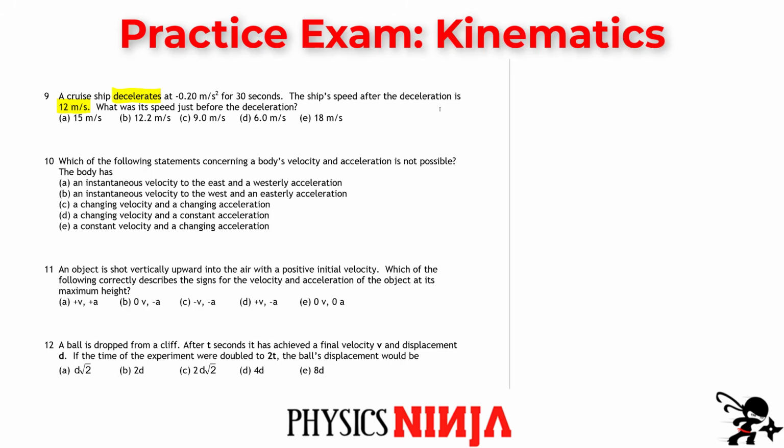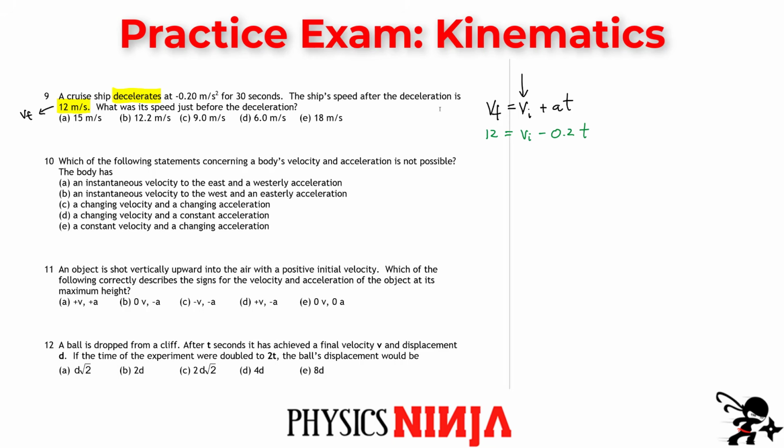Well, okay, so this sounds like we can use one of our kinematic equations, right? Final velocity equals initial velocity plus acceleration times t. We know after the deceleration, this has to really be the final speed. They want to know the speed just before, so what we're looking for here is really the initial velocity. Let me go ahead and substitute our numbers. First things first, this here is 12, v initial, and the acceleration is minus 0.2 multiplied by the time.